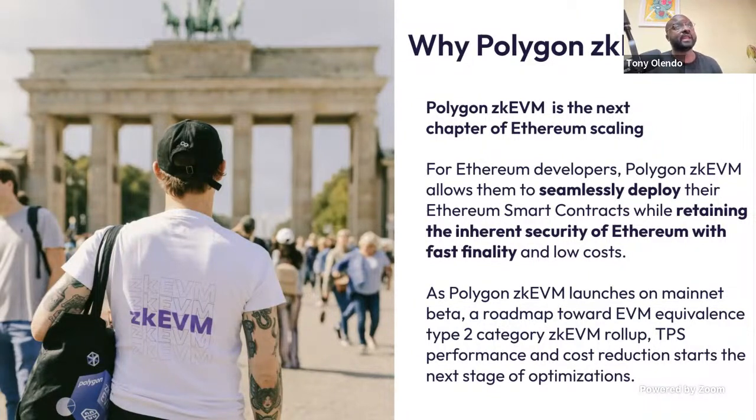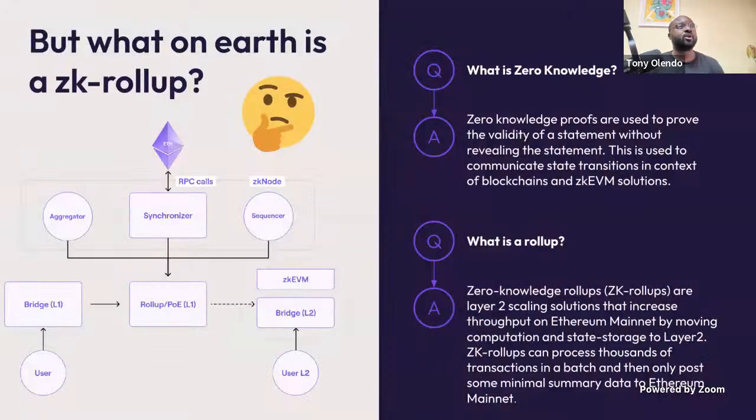You could think of what we're building in the zkEVM as an expanded execution layer for Ethereum. It's a zero knowledge rollup, and what ZK rollups essentially do is that they are scaling solutions designed to increase the throughput on Ethereum mainnet by moving computation and state storage to layer 2.